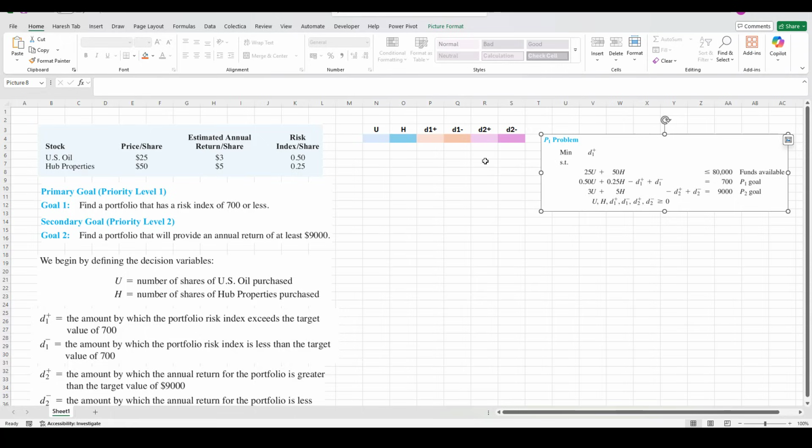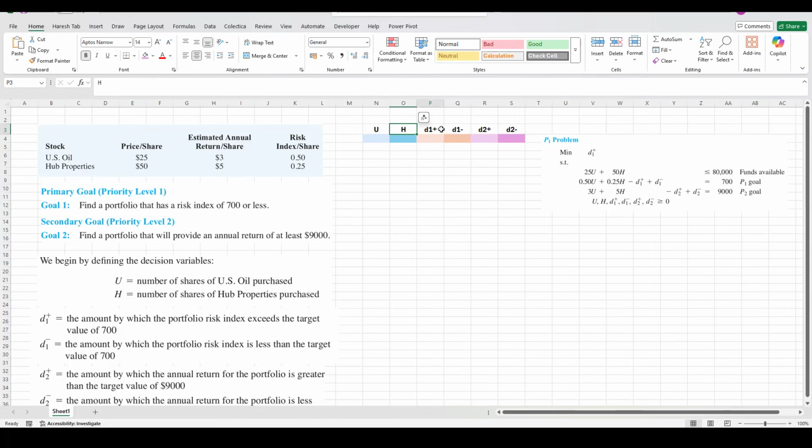Our two decision variables and four deviation variables are written like this: U, H, D1 plus, D1 minus, D2 plus, D2 minus. The cells below this are our actual variable cells, and we use different colors to distinguish them from each other.